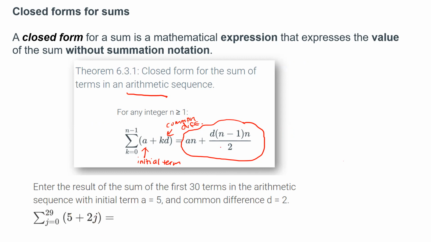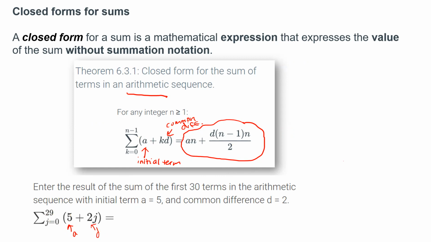So remember that in this formula, A is the initial term. The initial term is what we're starting out with, which would be the 5. So that would be A. And then that difference that we keep adding is the D, right?